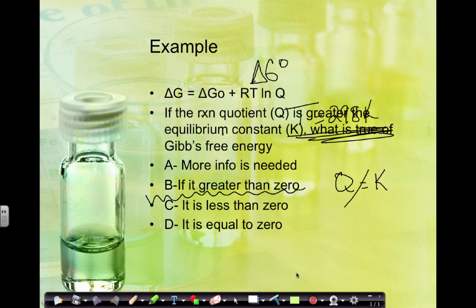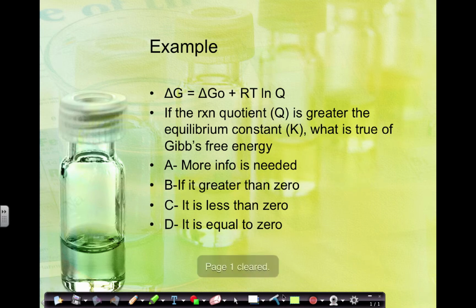All right, so let's look at something like this. If the reaction quotient is greater than the equilibrium constant, what's true of Gibbs free energy? So what we have to think about is where the reaction is shifting.